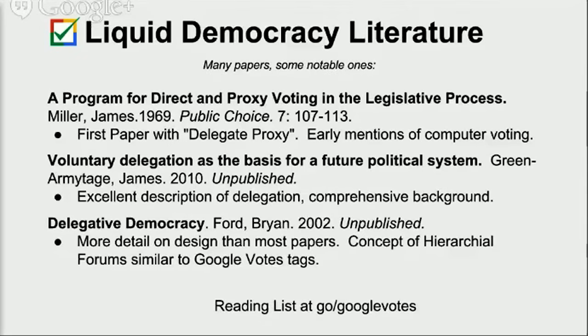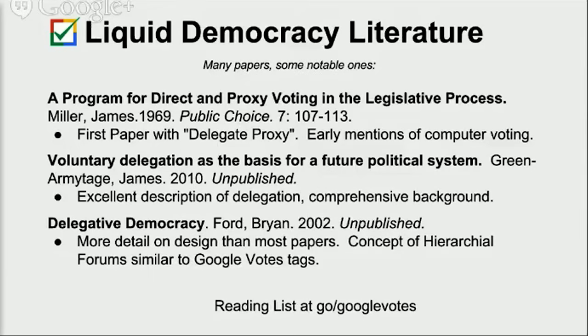Another paper is this by James Green Armitage, which is voluntary delegation as the basis of a future political system. This is just a really good overview of delegation, and has a lot of background for different approaches that have been taken up till there. It's a real good introduction to the concept.